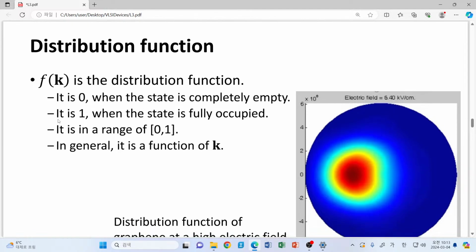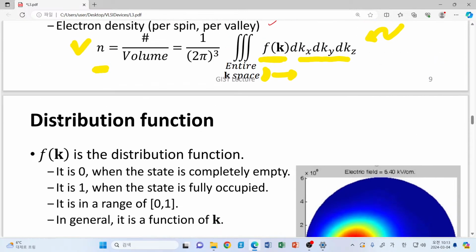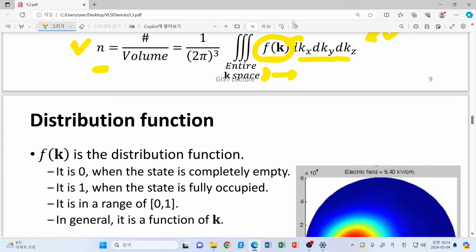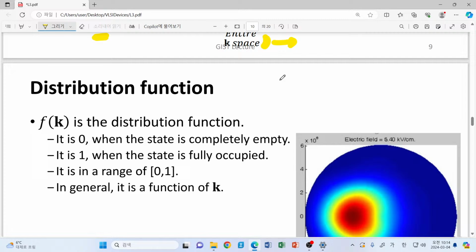Once we know the f function, the physical meaning of the f function is quite easy. When we have a certain k value corresponding to an electronic state, we are asking whether it is occupied or not. Once we know this quantity, then we can calculate the electron density quite easily, and it is called the distribution function.